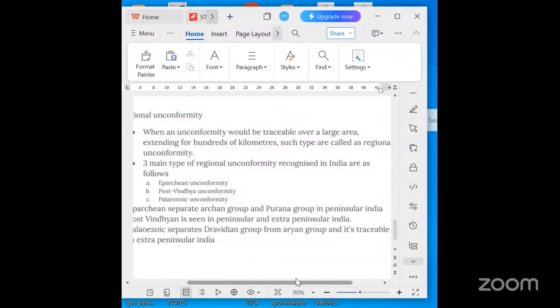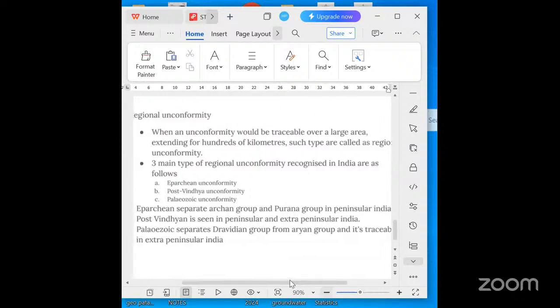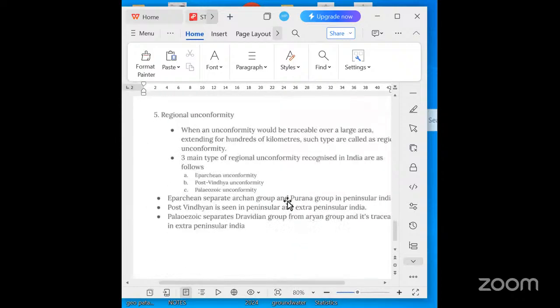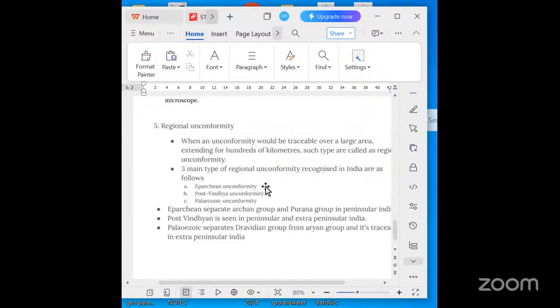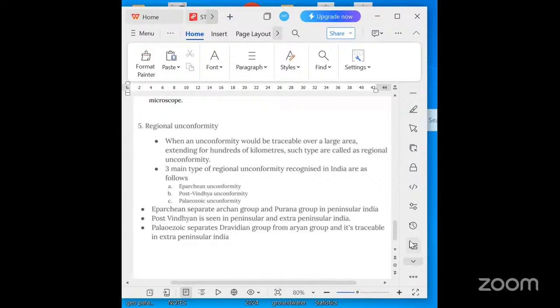That is when an unconformity is traceable over a large area, extending for hundreds of kilometers. Such types are called regional unconformity, right?